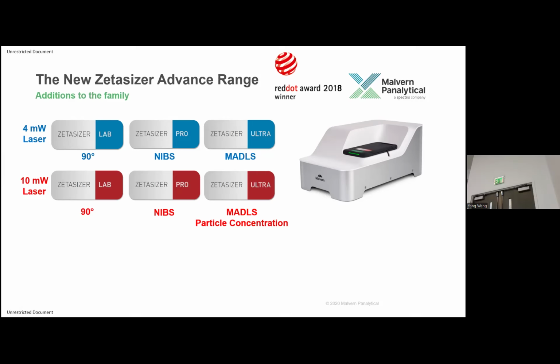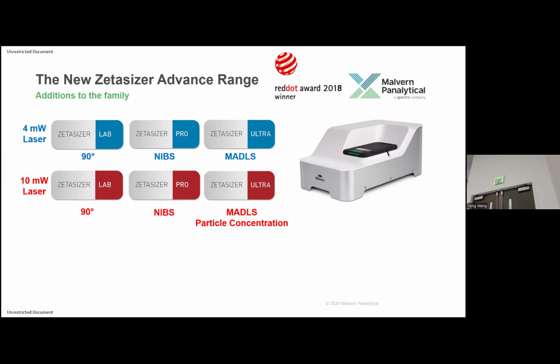Blue label, red label. The other way is by the angle of detection, and I'll talk about that in a moment. We have the side scatter angle, which is denoted as the Lab. We have what we call the non-invasive backscatter angle, which is used for more concentrated samples, and that will be the Pro.